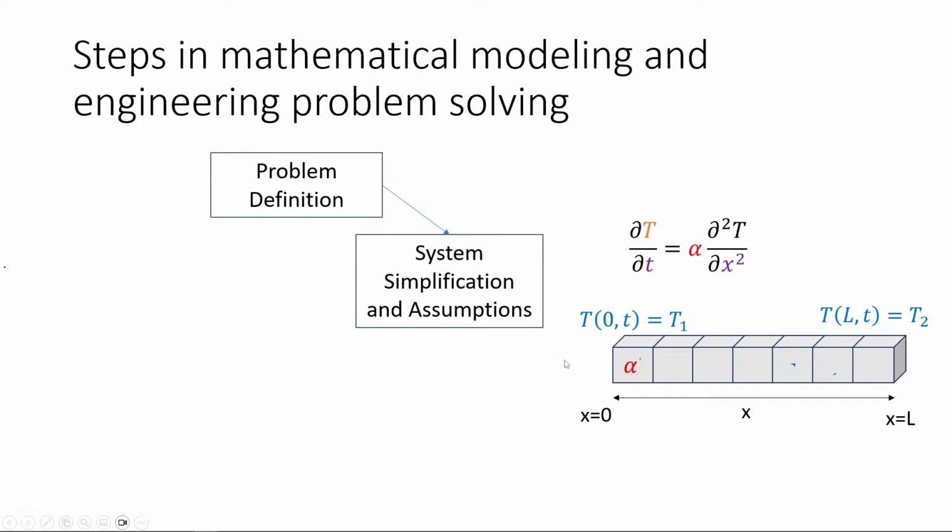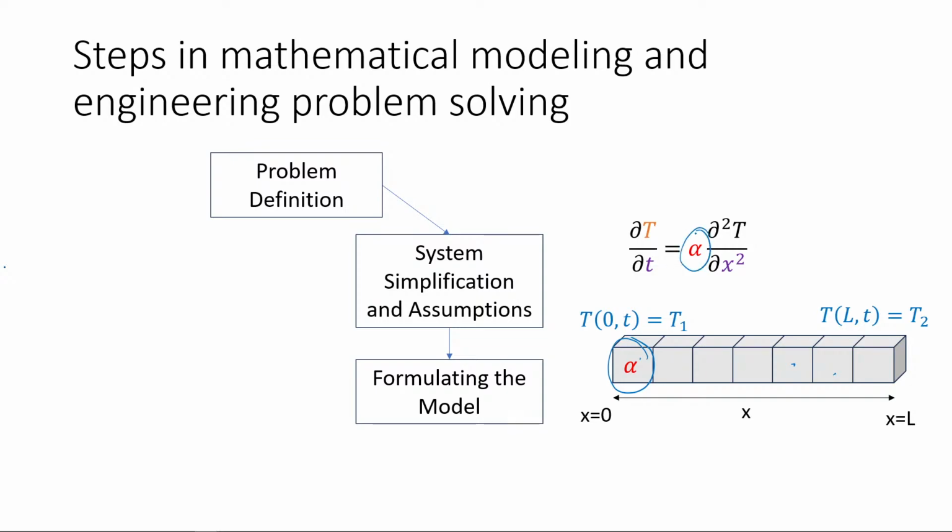But anyway, so you define the system simplification and assumption, and then you formulate your model. So here, given these assumptions that the thermal properties are constant, I was able to get this guy out of my integral.